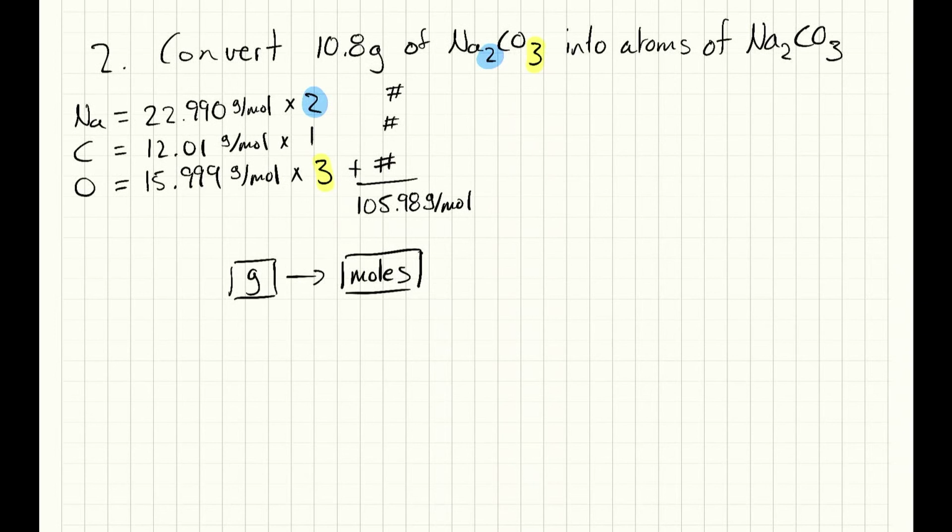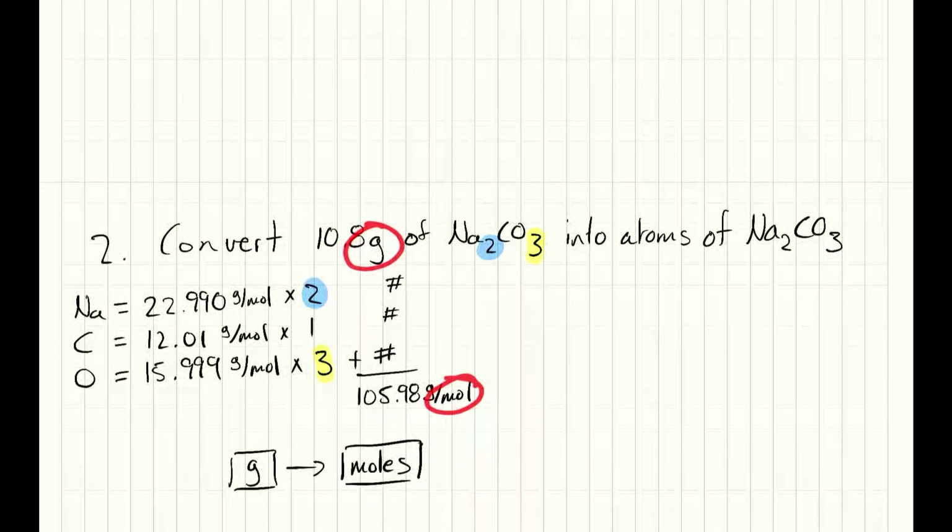The reason that we need to convert to moles first is that's kind of the conversion factor that we're able to get to easily. So grams, we want to get to moles. We can see that molecular weight is in those units of grams per mole, right? So it has where we're starting and it has where we're going.